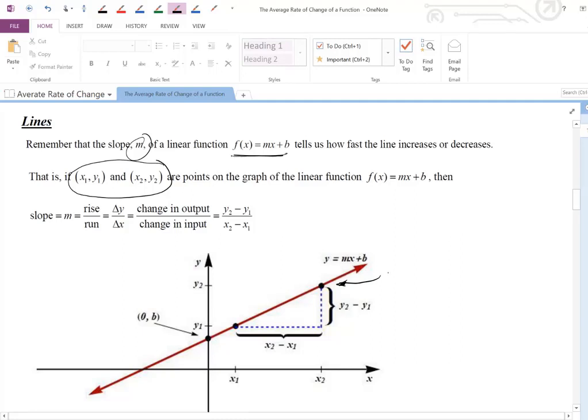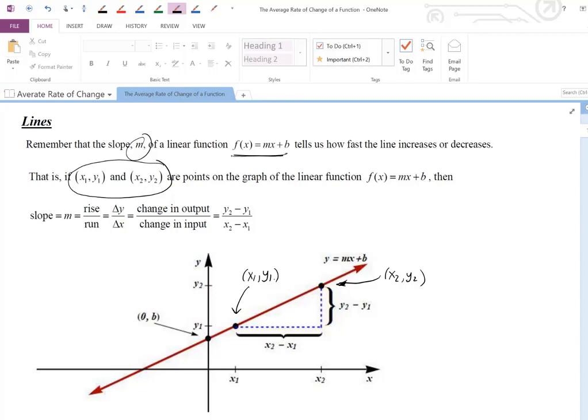That is the ordered pair x2, y2, and that point right there is the ordered pair x1, y1. I'm refreshing this because the concept of slope of a line is directly related to the concept of average rate of change.